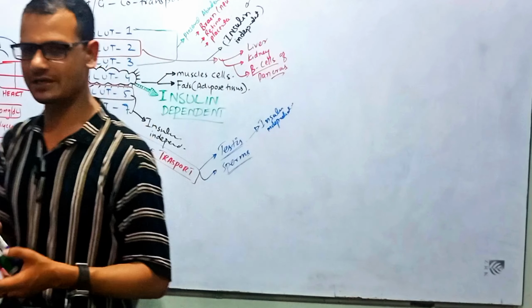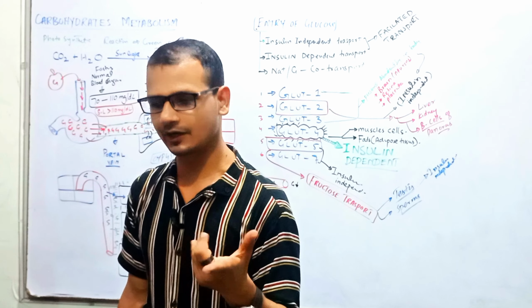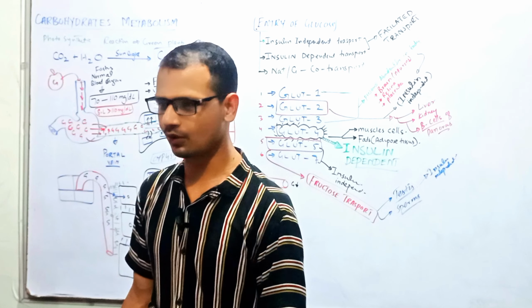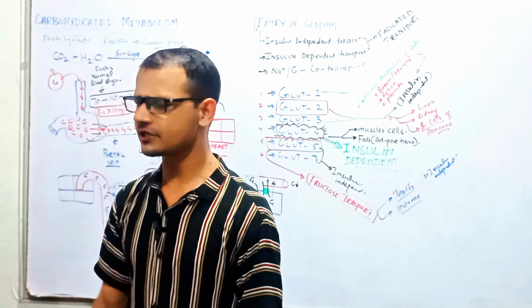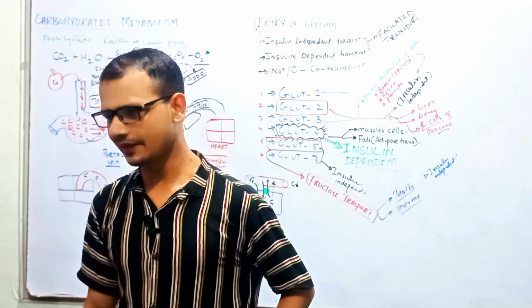The last one is the glucose 7 transporter, or GLUT7 transport system. These transporters are present in the endoplasmic reticulum, because the endoplasmic reticulum is responsible for the metabolism of glucose 6-phosphate or other 6-phosphates, because phosphatase enzymes are there, right?